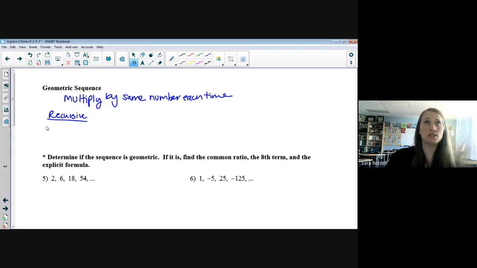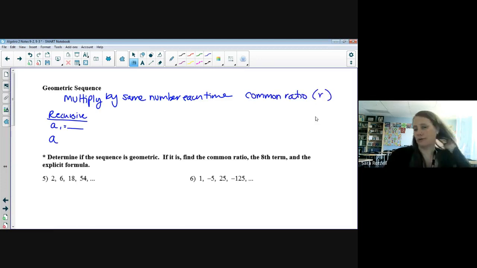Our recursive sequence is set up just like we had before. First term. Oh, I didn't tell you what the common term is. We don't say common difference because it's not a subtracting thing. Since it's multiplying, we're going to call it a ratio. So it's a common ratio, and we use the letter R for ratio.